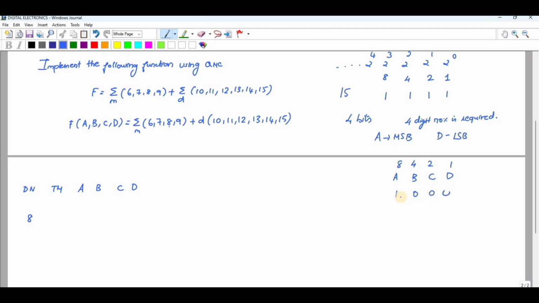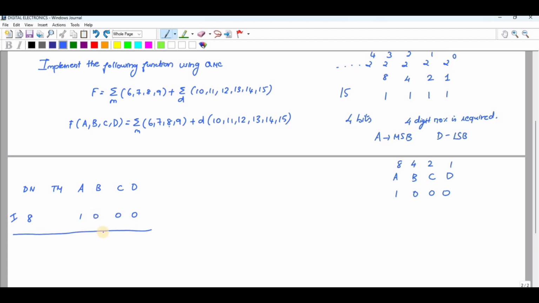You can see I have only one 1 in these bits. The other numbers with a single 1 are not available. So this is your first group element.